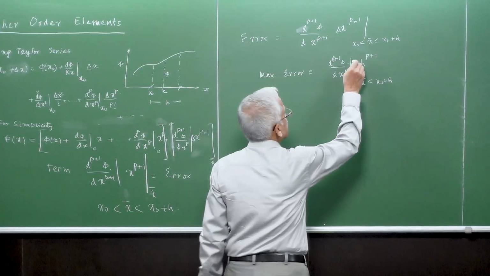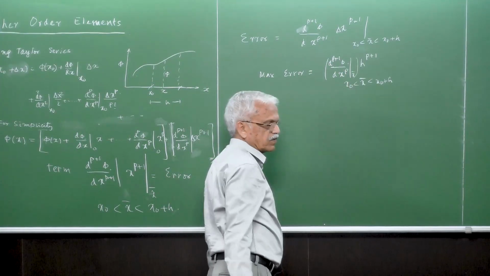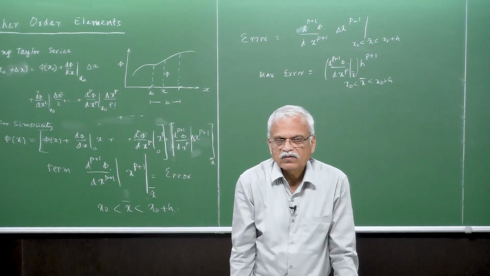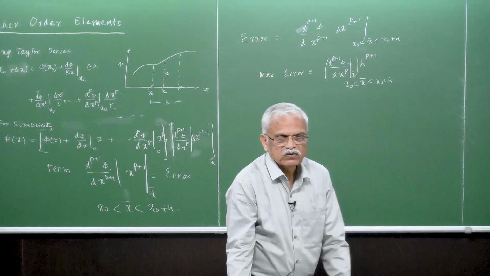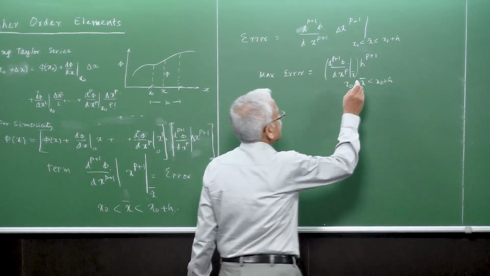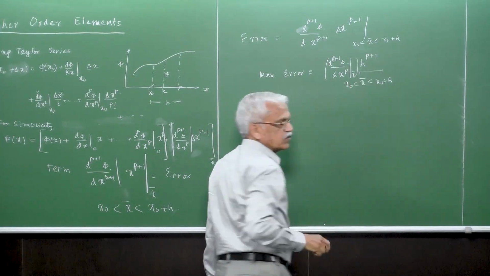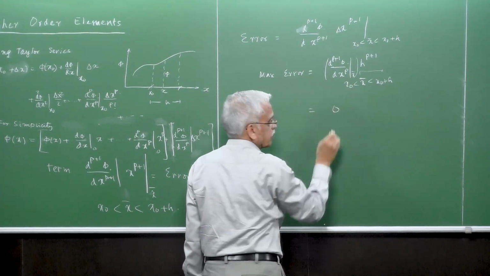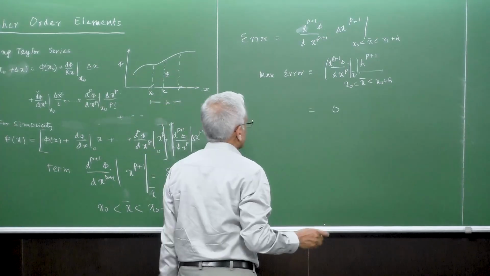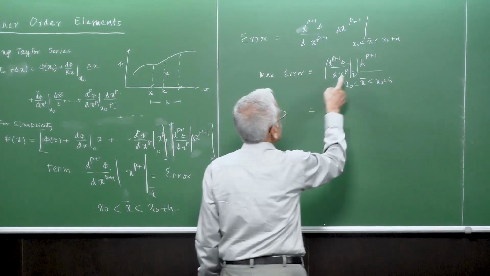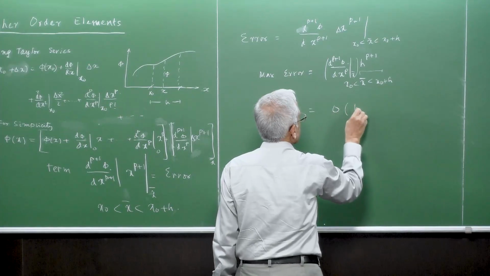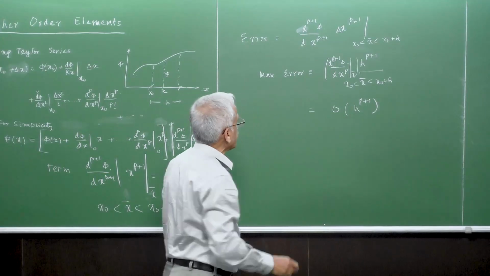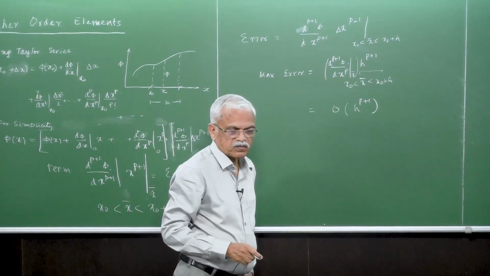And this evaluation of this derivative will take some finite value between x naught to x naught plus h. So the thing which depends upon h is only this one, h to the power of p plus 1. This being constant over a given function, we say that the error depends upon h to the power of p plus 1.